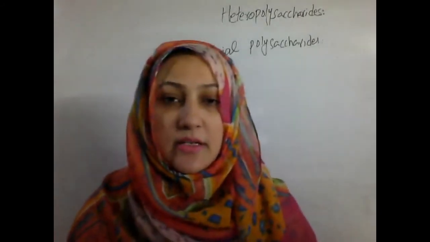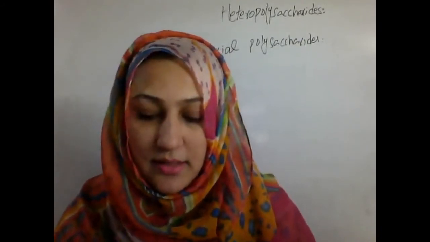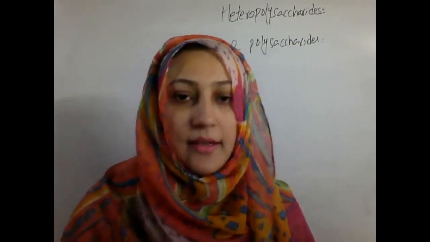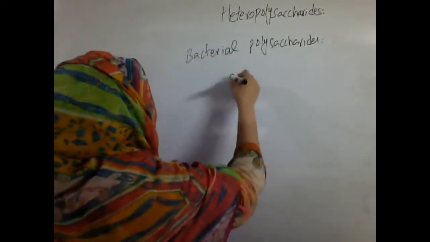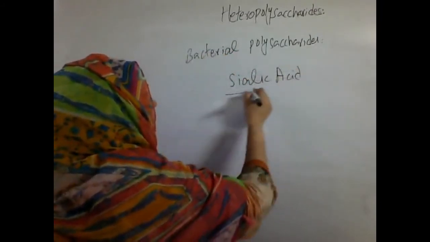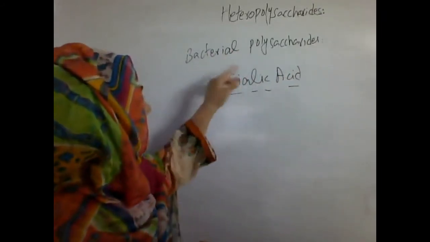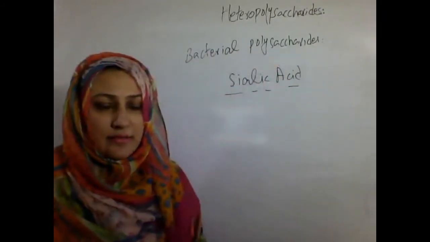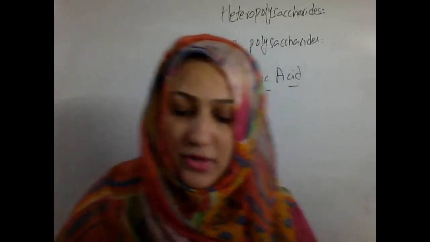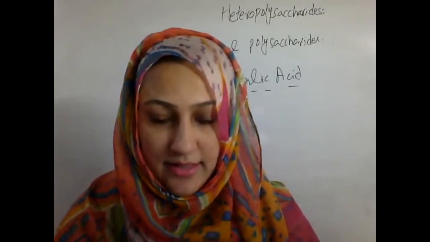Some bacteria contain the special bacterial polysaccharides that contain sialic acid. These are the special types of bacterial polysaccharides that are present in some types of bacteria. These are also the heteropolysaccharides.